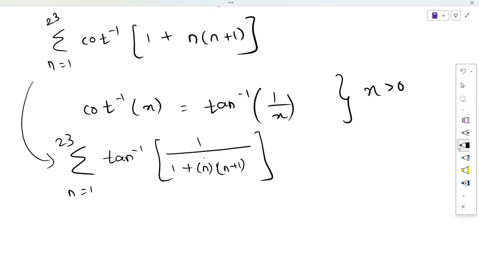Now this is the interesting part. I can manipulate this numerator and write it as n plus 1 minus n.